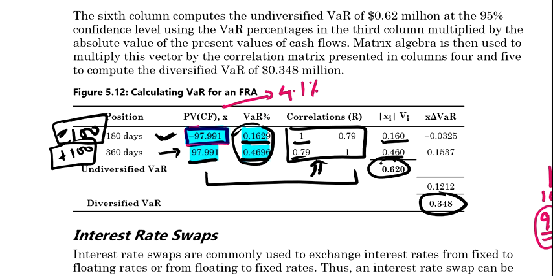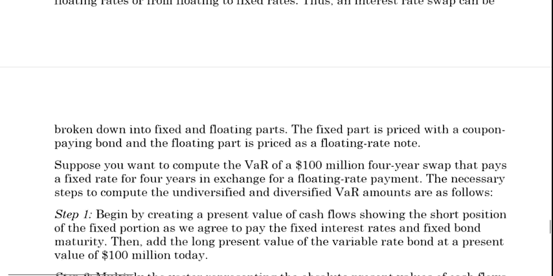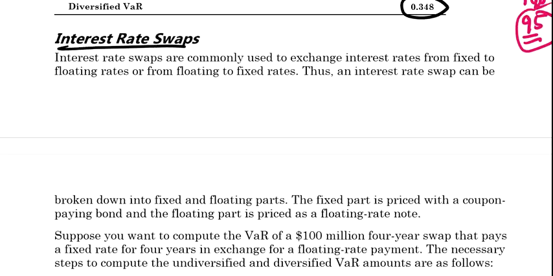The VAR percentage will be given to us, that will be multiplied, and we can calculate our undiversified VAR. Diversified VAR will not come in your examination for the purpose of calculation. Clear? In the same way, we have the calculation of interest rate swap. There is no exchange of principal, but we will find out the difference of the floating rate and the fixed rate. Clear?